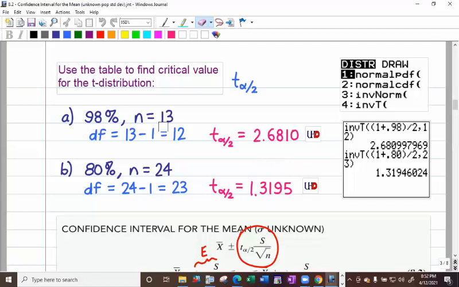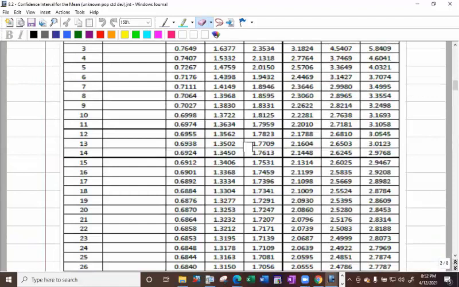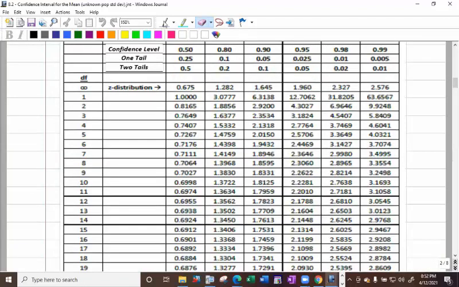98%, n is 13. So if n is 13, degrees of freedom will be 13 minus 1. That's 12. So let's go here, 98%, 12 degrees of freedom. Maybe I'll just highlight it here.